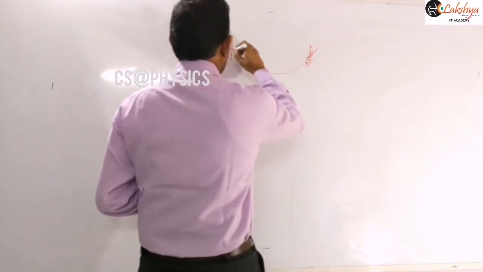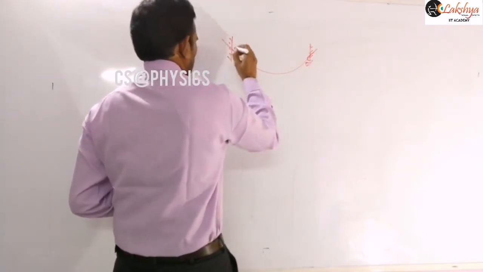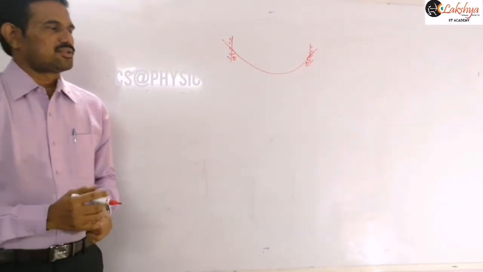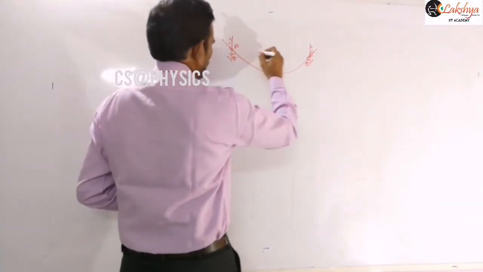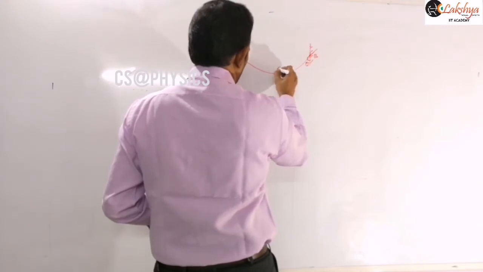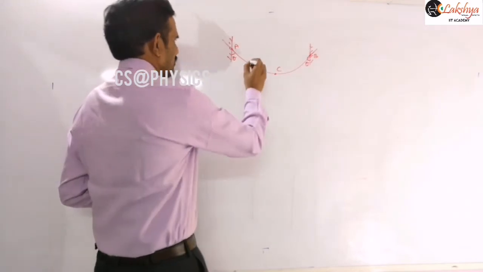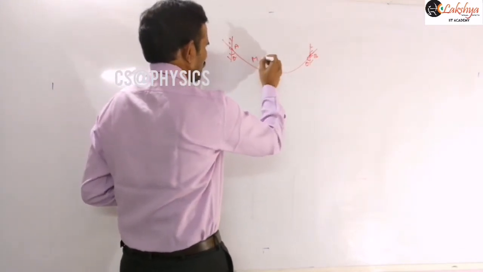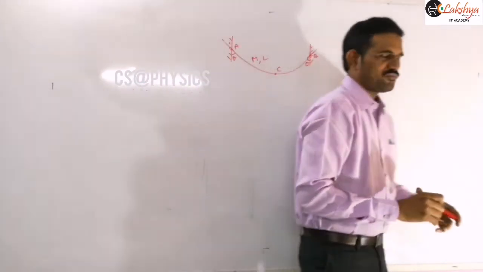This angle is theta I am taking here. That means the tangent drawn at this point is making an angle theta. Suppose this is the point A and this is the point B, and the lowest point is C I am taking here, and its mass is m. M is the mass of this part, and your length is not required here. If you want, you may take it as L. L is the length of that part.